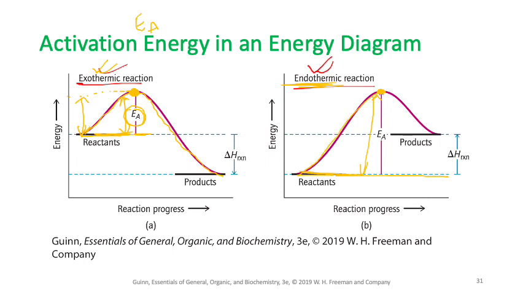You need more energy, right? Because the slope is higher for an endothermic reaction. So this is how you can predict whether the activation energy requirement is higher or lower in endothermic and exothermic reactions. So now let's go to the next slide and try to understand how this activation energy affects the rate of a chemical reaction.